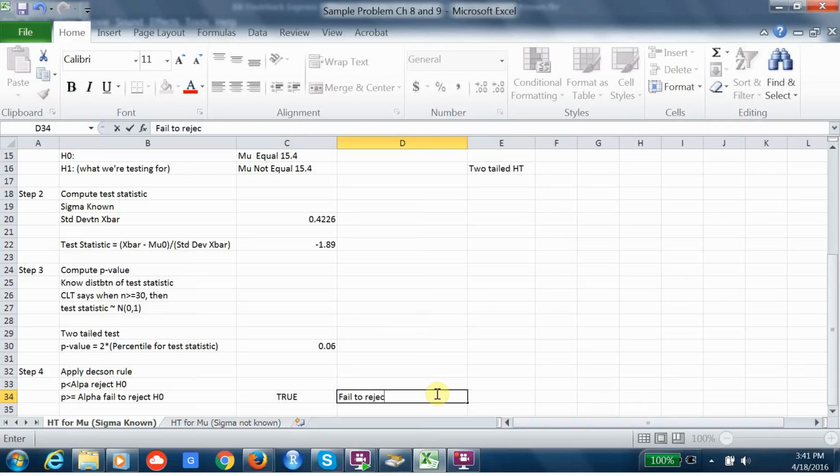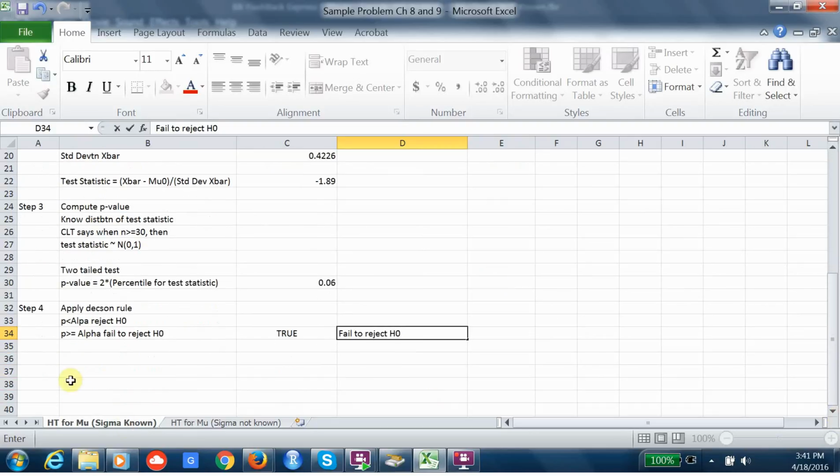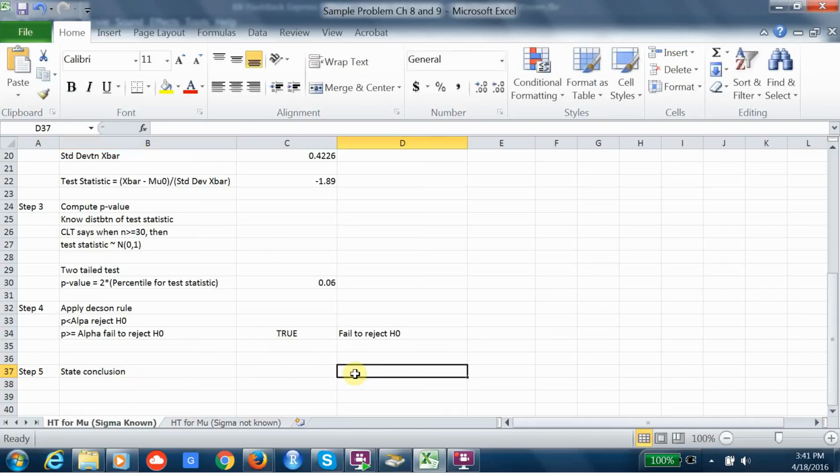And finally, we have to state our conclusion. So we simply say, at a significance level, you could say 5% or 0.05, either one's okay.